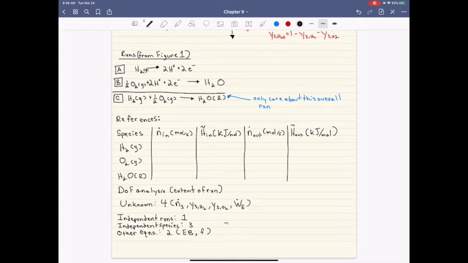And so when we calculate the degrees of freedom, what we do is we take the number of unknowns, we add on the number of independent reactions we have, and then we subtract off the independent species and the other equations that we have, and we get a degree of freedom of 0. So we could solve for all the unknowns in our system. And so once we identify that we have enough information to solve the unknowns, let's now proceed to our material balance.